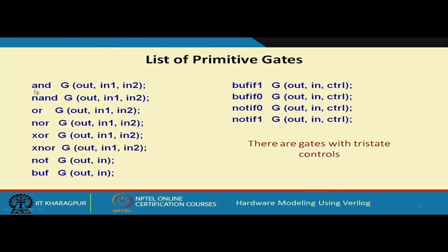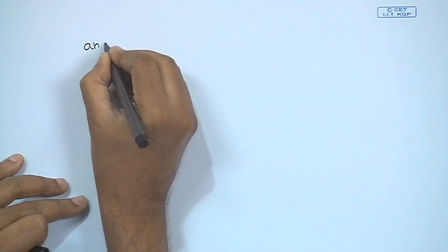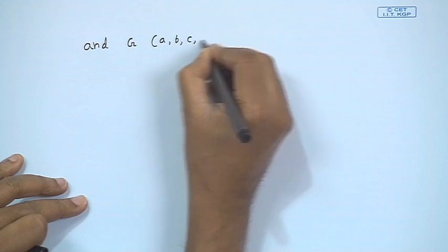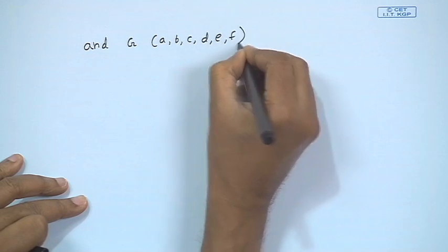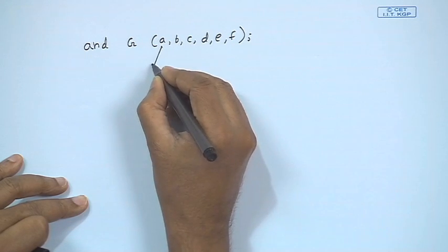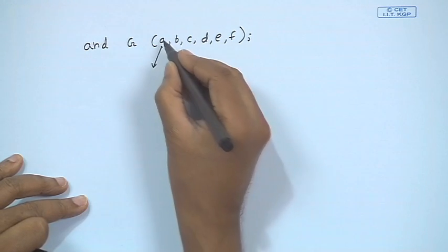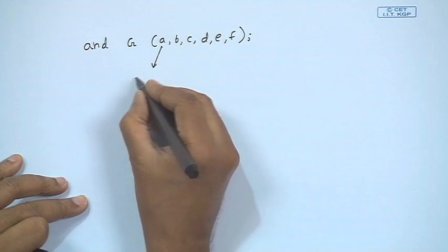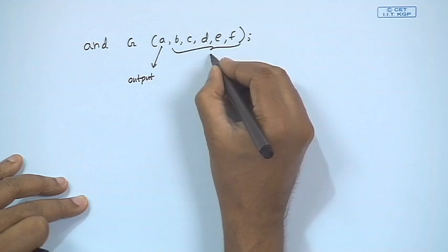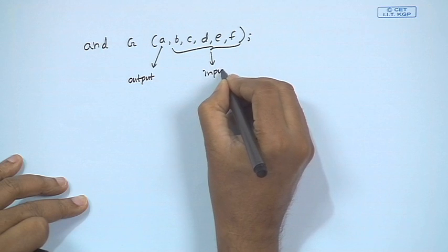For the normal AND, NAND, OR, NOR, XOR or XNOR, the number of inputs can be arbitrary. For example, for AND, I can write an instantiation: AND, gate name G, and then A, B, C, D, E, F. This will mean that the first variable that I am using here will be my gate output, and all the remaining variables, there are 5 here, will be my inputs.